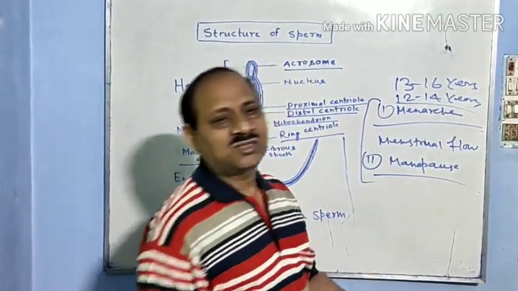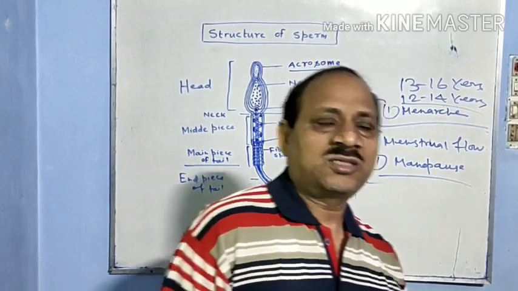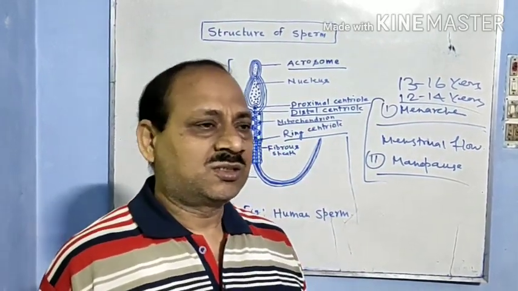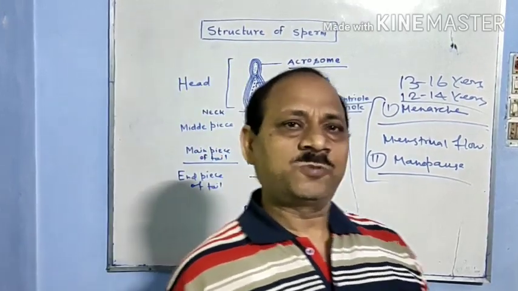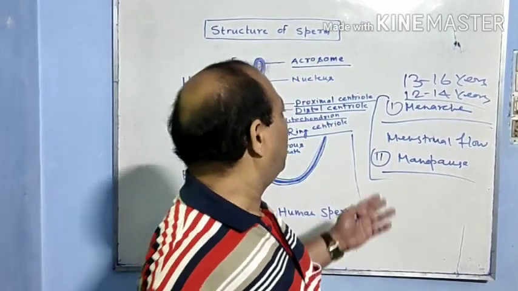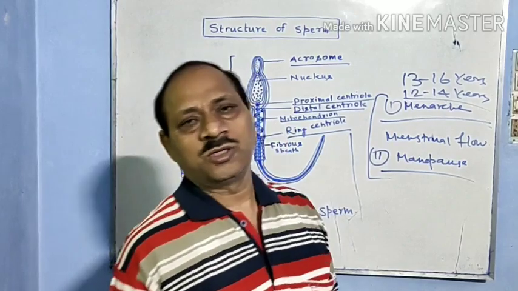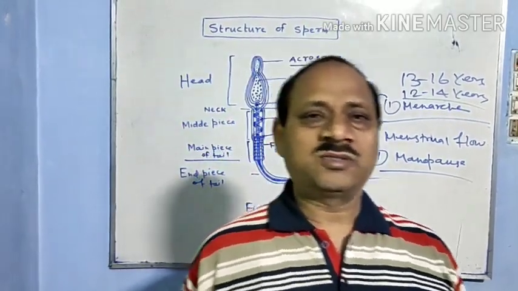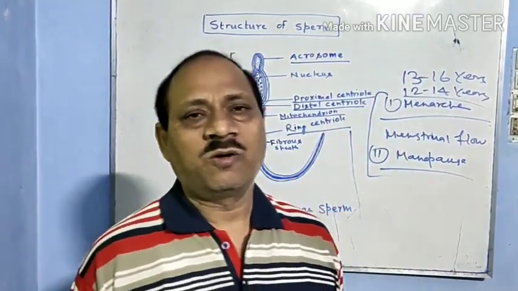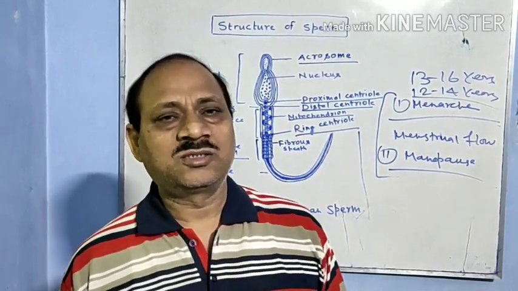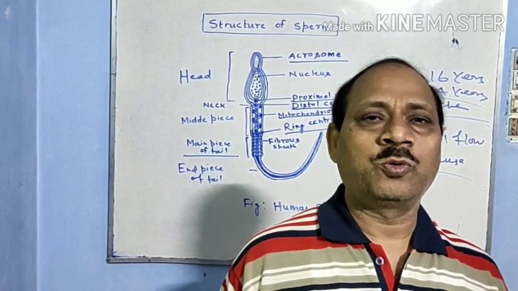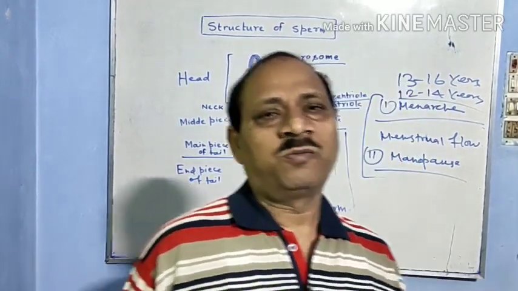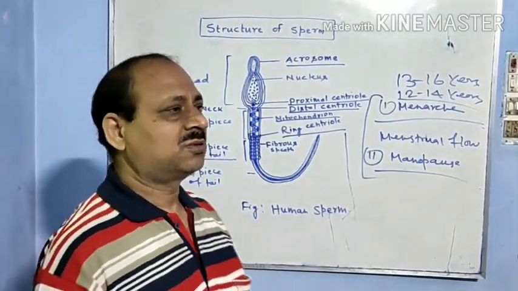It means at this age, testis starts the formation of male gamete or sperms, and ovary, the primary sex organ of female, starts the formation of ovum or female gamete.